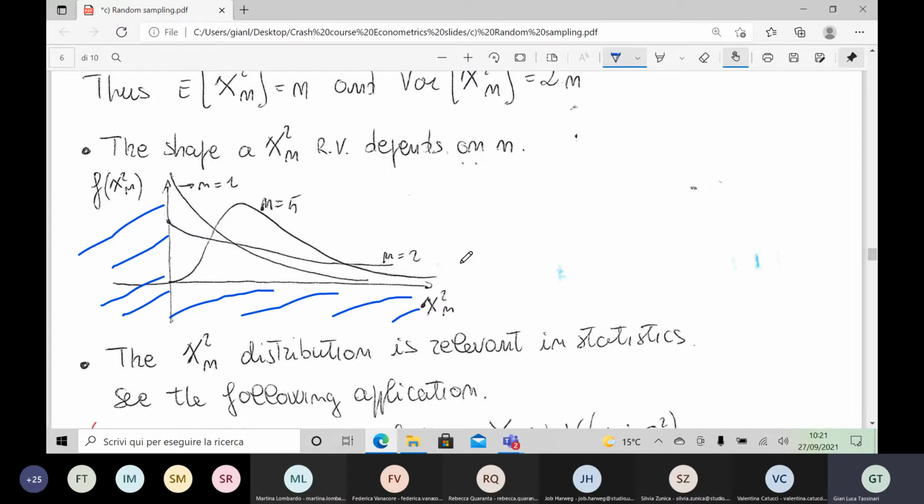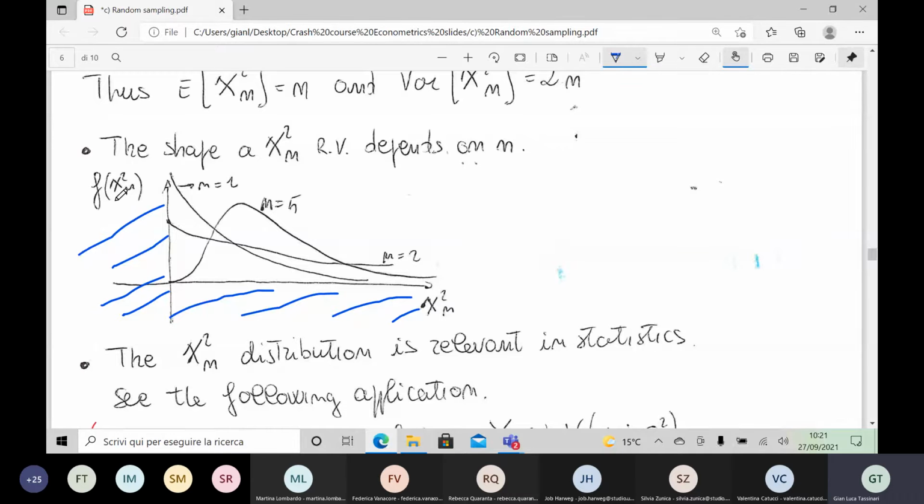I only tell you the typical shape of a chi-square. As I told you, I did not report the density because it involves the gamma function, etc., and you don't really need to remember. It's good to remember the density of a normal random variable, but you don't need to know the formula of the density of a chi-square.